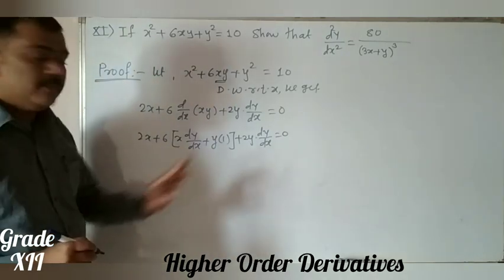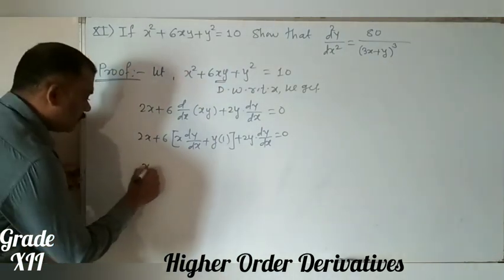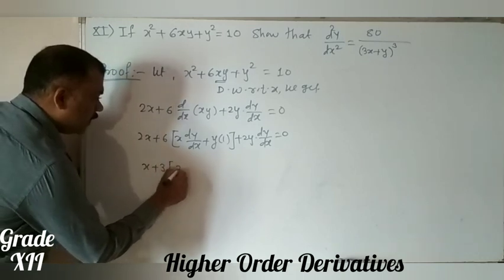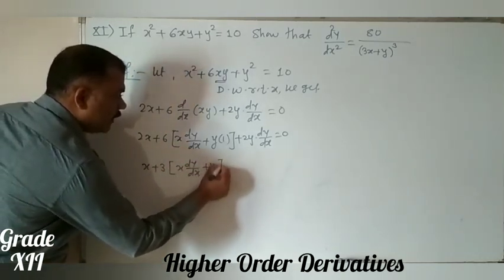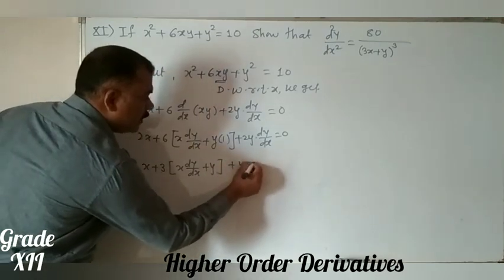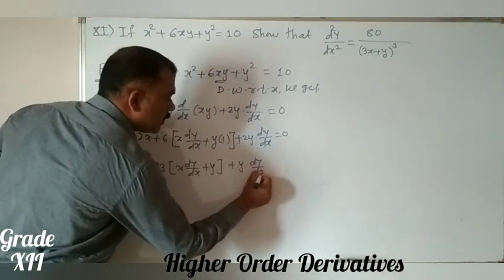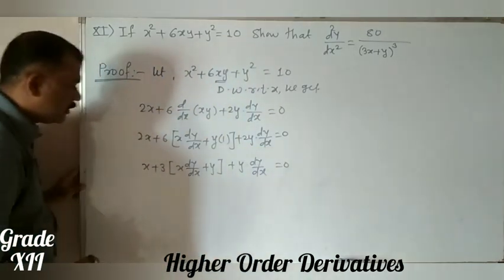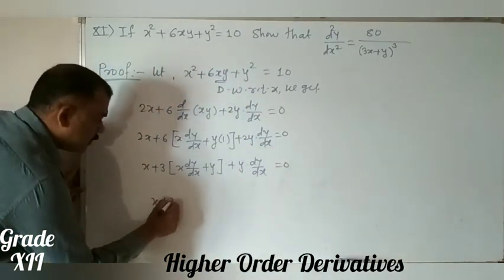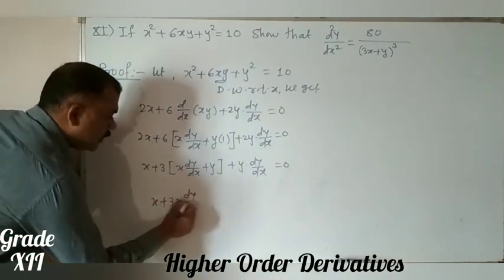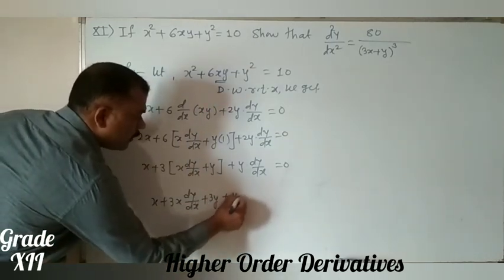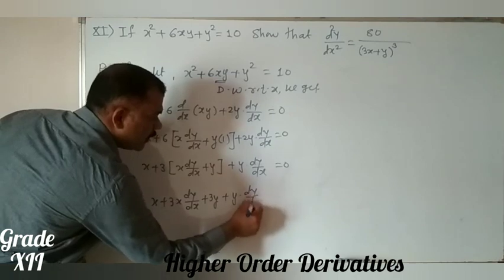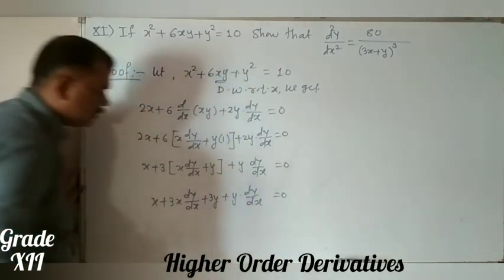If we divide it by 2, we get x plus 3 into bracket x dy by dx plus y, plus y into dy by dx is equal to 0. So what we have to write, x plus 3x into dy by dx plus 3y plus y into dy by dx is equal to 0.